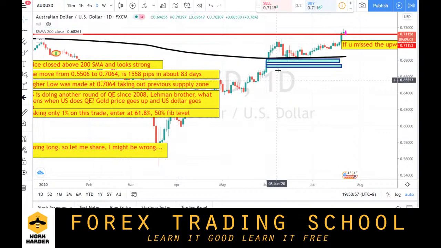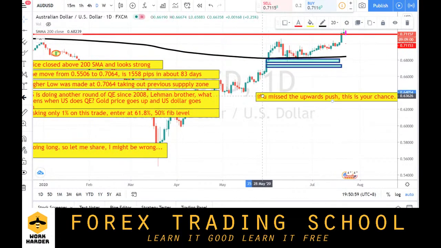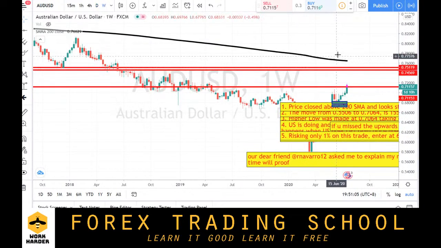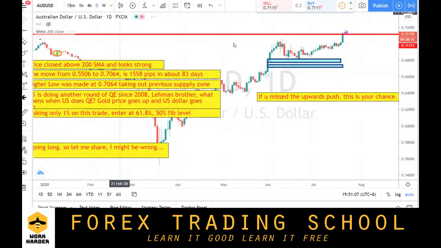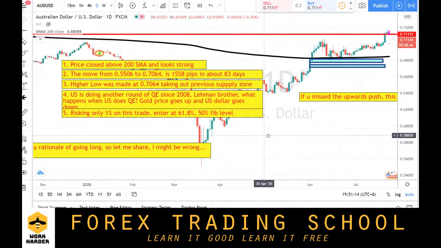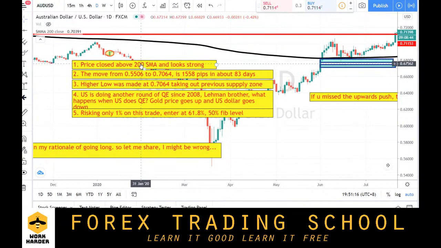So it has gone above. If you miss this push, don't worry. When we come back on the weekly time frame, we are still very far from it, but on the daily time frame, price retraced back to here, 0.68, like what I said just now, a good entry point. So why am I bullish? Number one, price closed above the 200 SMA.